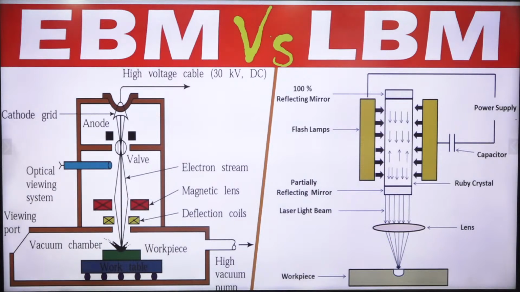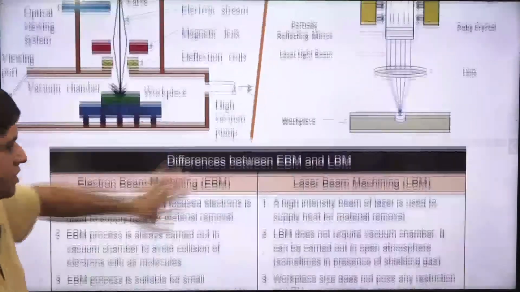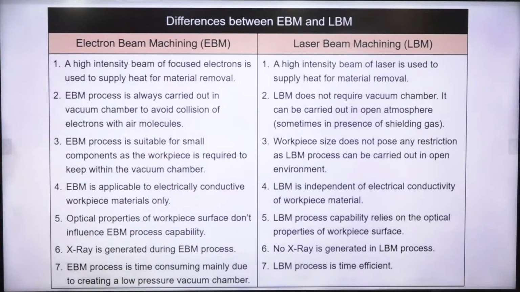So you should know what the supply voltage is and how it is required. An electron gun is used here, a ruby laser is used there. And I'm sure you will stop this slide later on and note down the important points between laser beam machining and electron beam machining.